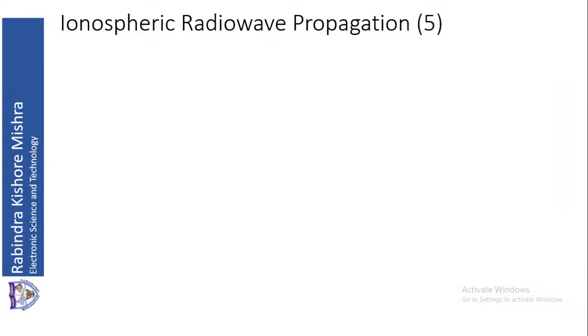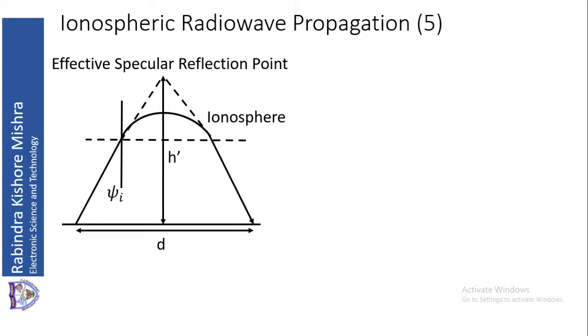Now let us see how the communication occurs using ionospheric radio propagation. As I told you, initially we will consider the earth surface to be a flat surface. Instead of taking its curvature into account, let us consider it to be flat.